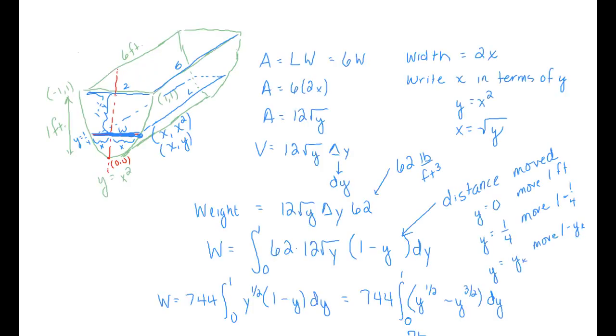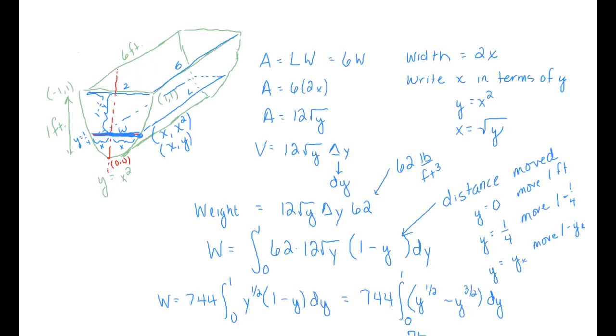So we've got 744 times y to the 3/2 divided by 3/2, or times 2/3. And then, now I can't remember. I'm going to go back to the other page.